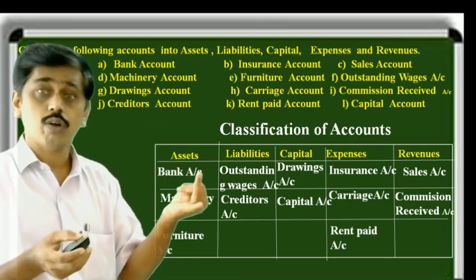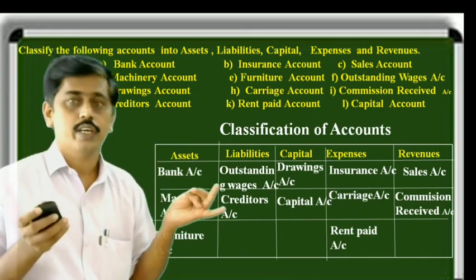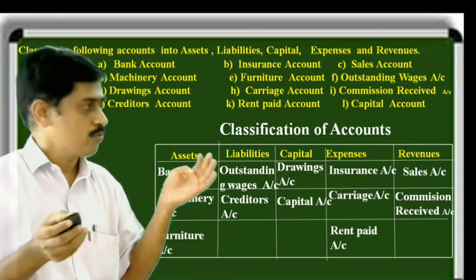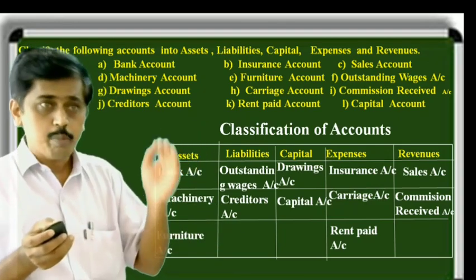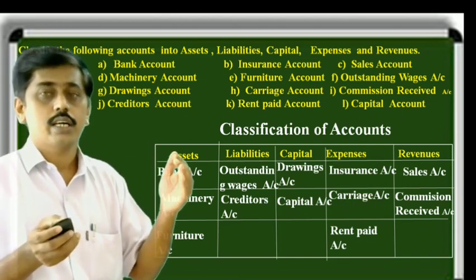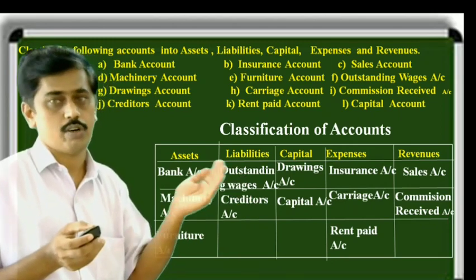For expenses or losses, debit increase in expenses or losses, credit decrease in expenses or losses. For revenues, debit decrease in revenues or gains, credit increase in revenues or gains, or incomes or gains.